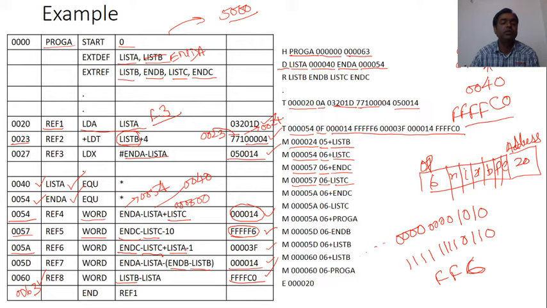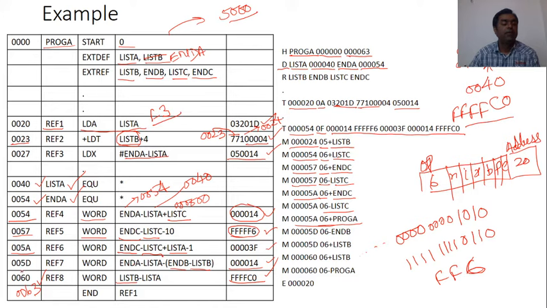That means to get the exact value of list A, I have to add 5000 here. So what will be the modification record here? That will be plus end C at address 005A, 06 plus end C minus list C plus program A. This modification record is written to get the exact value of list A.